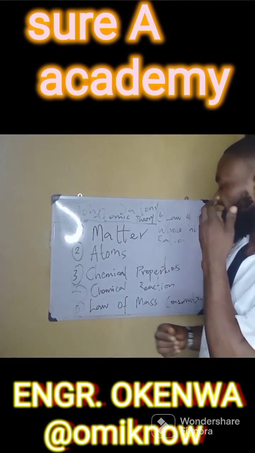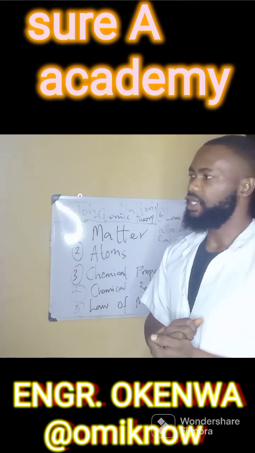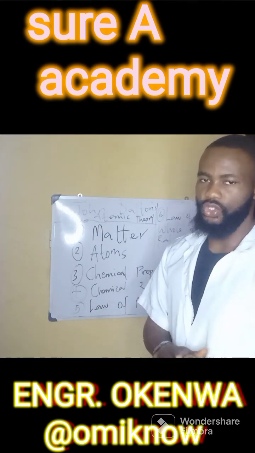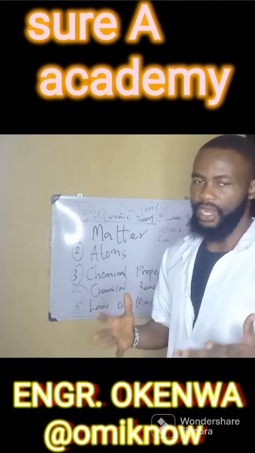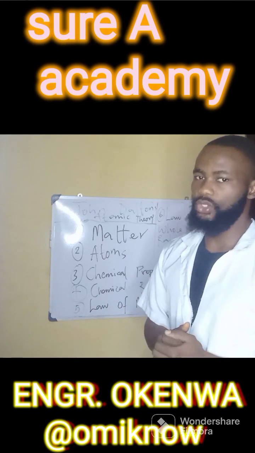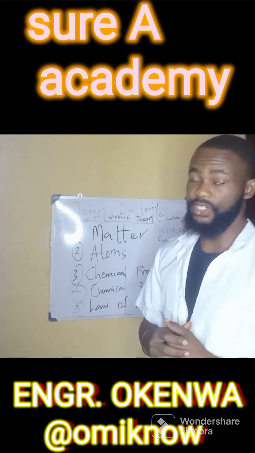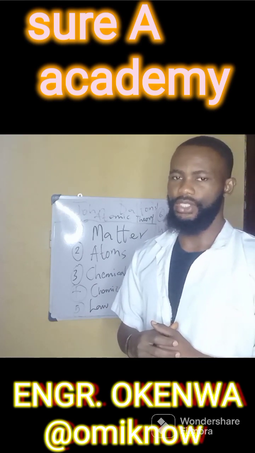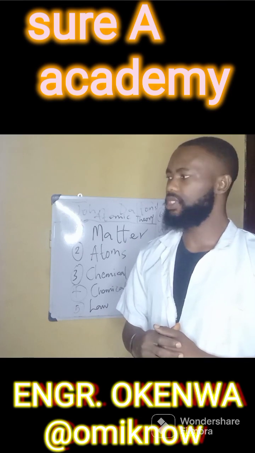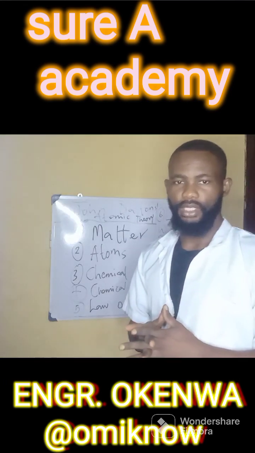Now the next thing he talked about was chemical properties. On chemical properties, he said that atoms of the same elements have the same chemical properties. If you move down the line to 1865, Mendeleev, the Russian chemist, postulated the atomic laws, the periodic table.